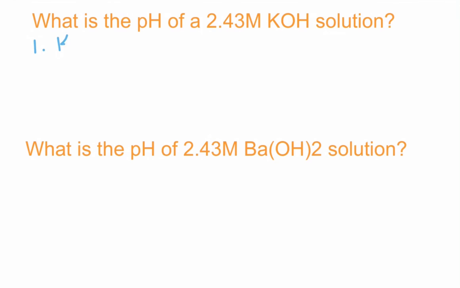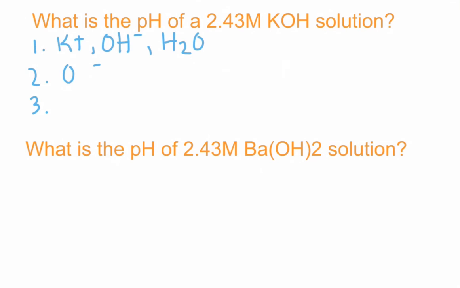So we will have K+, OH-, and water. Strongest base is going to be OH-. Determining that concentration of OH- will be very easy because we already know that our KOH completely dissociates.